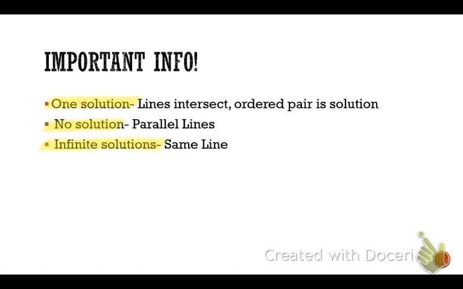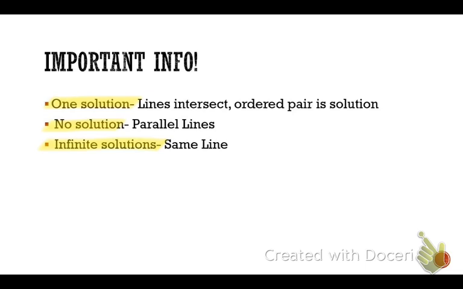For no solution on a graph, it looks like parallel lines, because if there's a solution, the lines are going to intersect, and where they intersect is your solution. So if it's no solution, those lines never intersect. And we know there are some markers for identifying parallel lines.